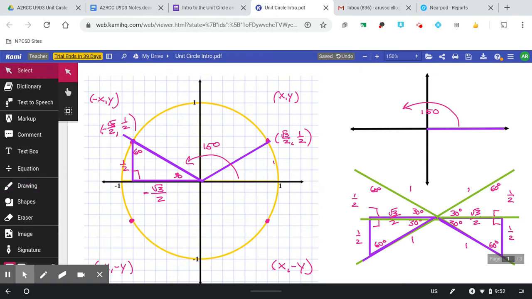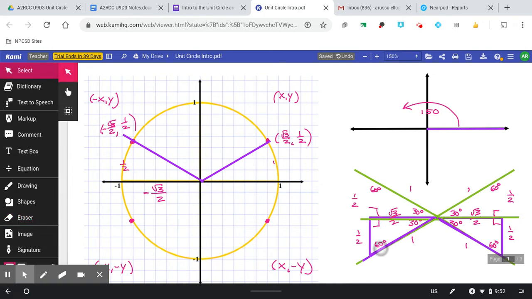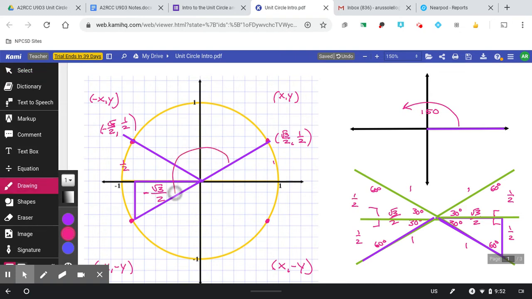Now let's look at another angle. Instead of that one, we're going to look at 210 degrees. We'll erase this for a moment. I'm sorry, I think I said 110 instead of 210.